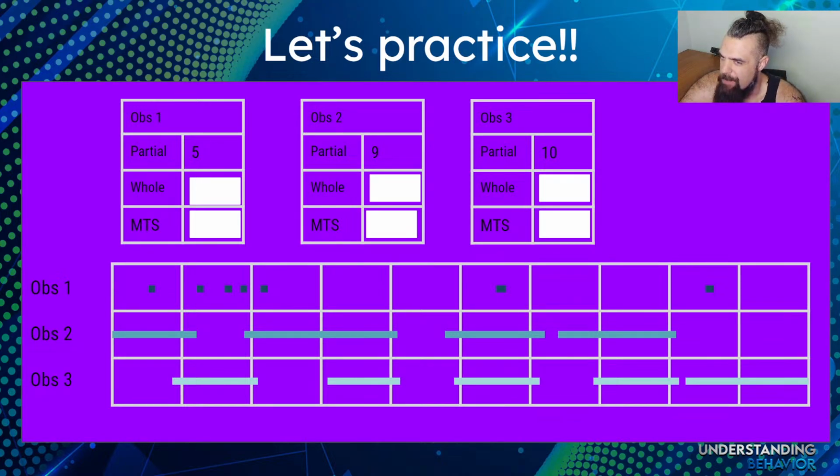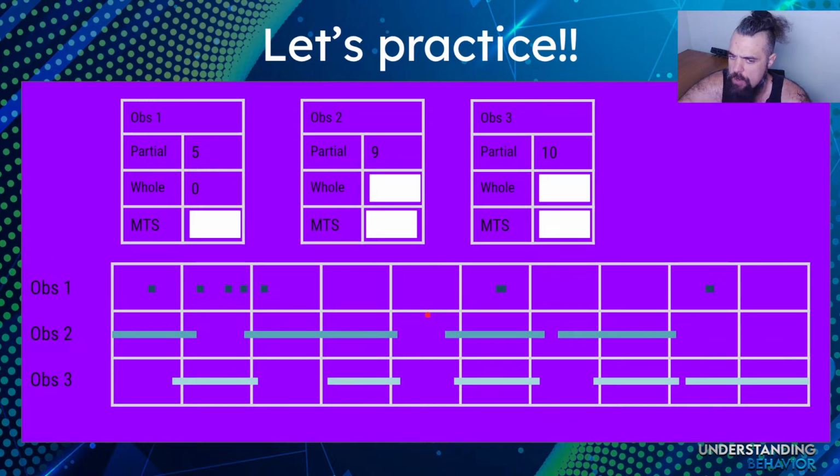All right, a lot of people saying 0, and y'all would be absolutely correct. So we see this is kind of a short behavior. It's just occurring for little blips of time. It does not occur for an entire interval anywhere.